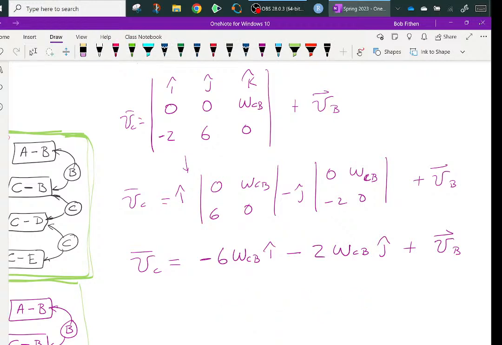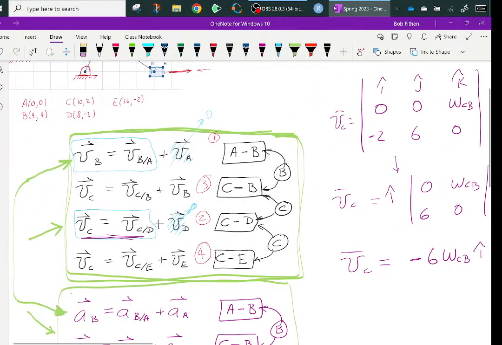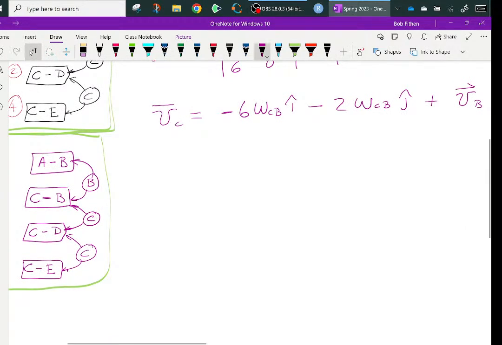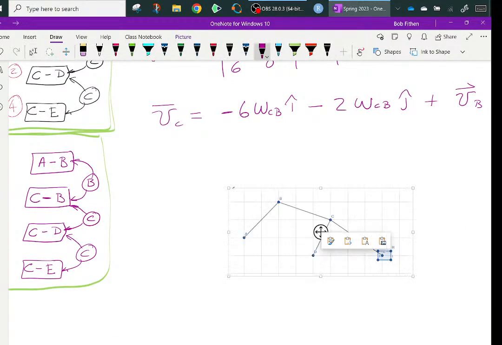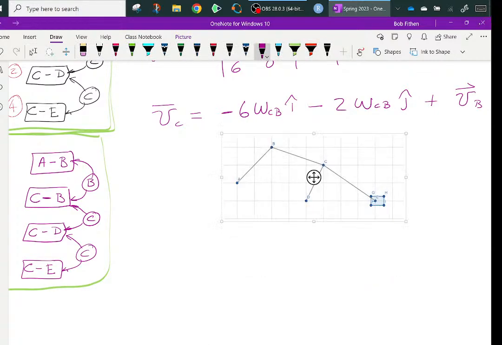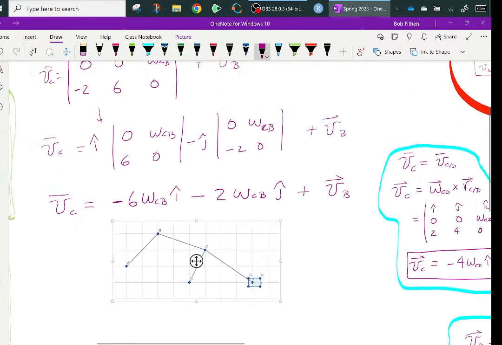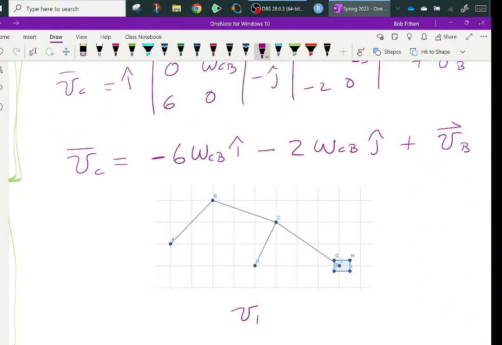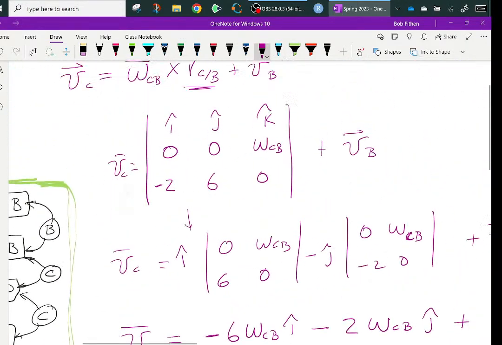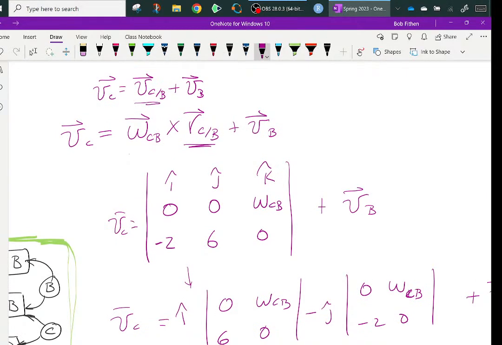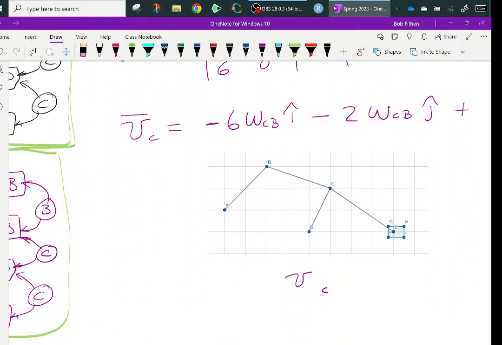Here's the other check. Okay, so if I grab this picture, do a copy, and this is kind of an interesting way to think because it actually is the way you're supposed to think about these things. If you look at this thing, you want to know the velocity of C relative to B. So in your mind, you put a pin right here.